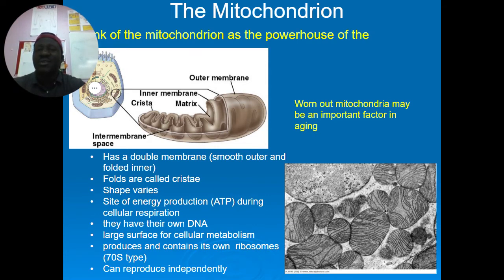However, the shapes of these mitochondria vary. A mitochondrion is a site for production of ATP during cellular respiration, which we call internal respiration, or tissue respiration.